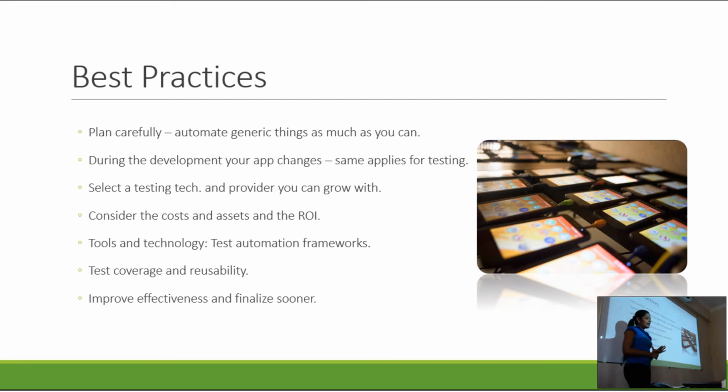You have to plan carefully what your business components are, what needs to be automated and what could be automated, and then during the development, your app changes. In Agile, the UI you have today is not the one you have after two sprints. The same thing happens to your testing framework and test scripts. So who's going to maintain it? Those are things you have to think about.